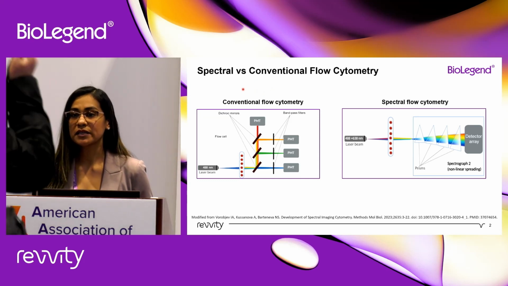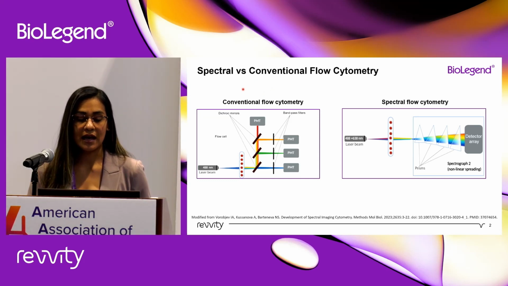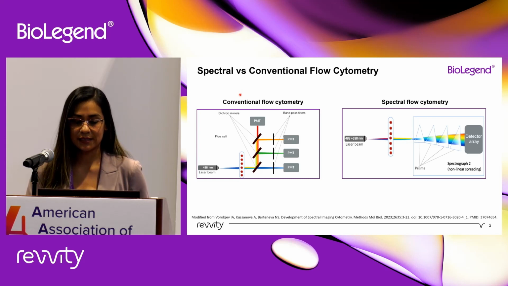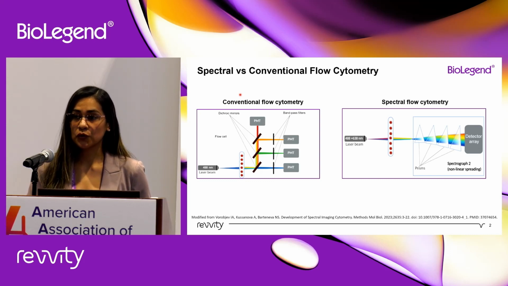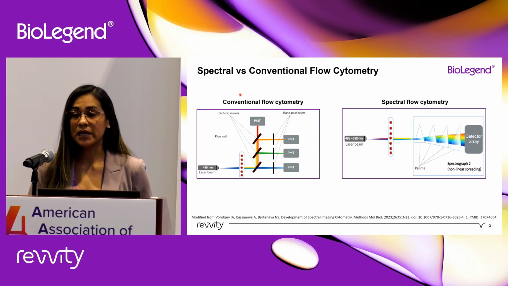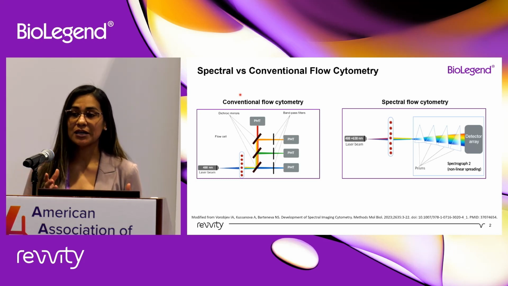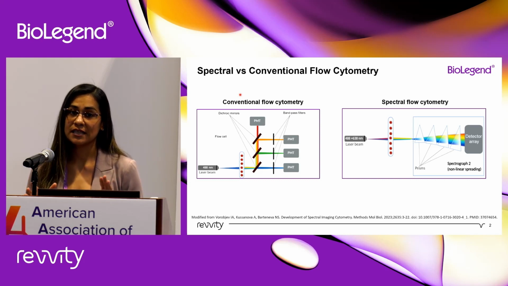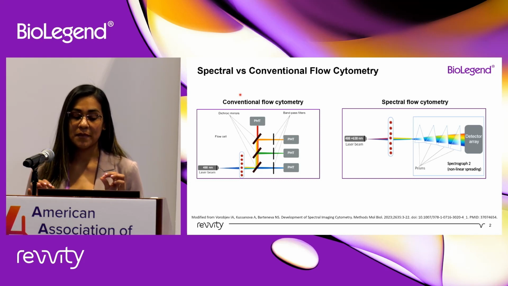Spectral cytometry is a new technology that allows the analysis of single cells using a fluidic system similar to the conventional cytometry, and it's an excellent tool for multiparametric analysis. However, even though conventional and spectral cytometry share some similarities, they have some differences that lie mainly in the detector system.